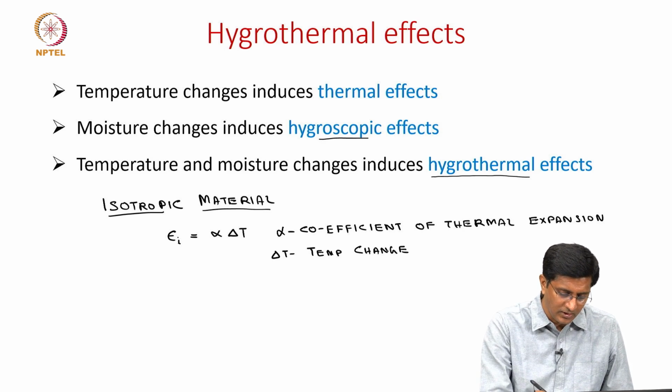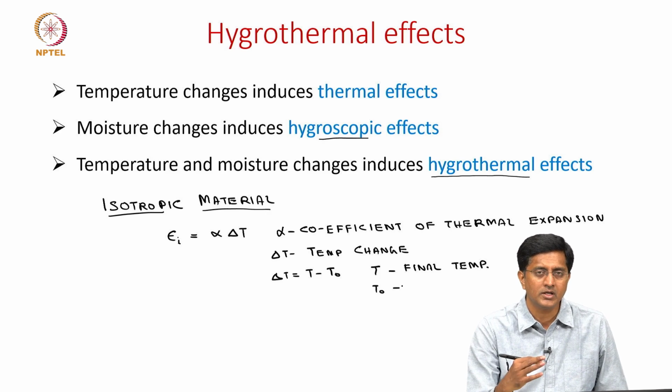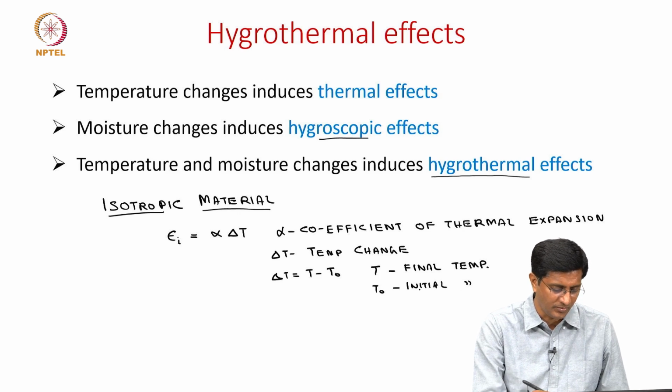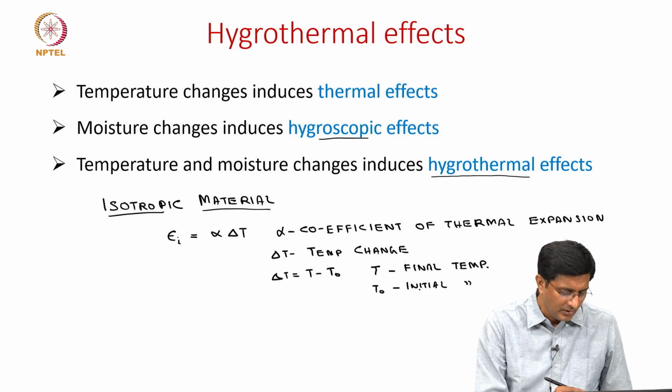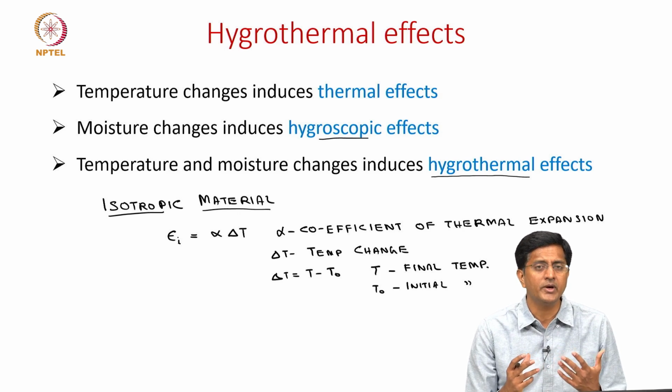So let's say delta T can be written as T minus T naught, where T is the final temperature and let's say T naught is the temperature where the strains are zero, the initial temperature. So in isotropic materials, we know that the properties are independent of the direction.